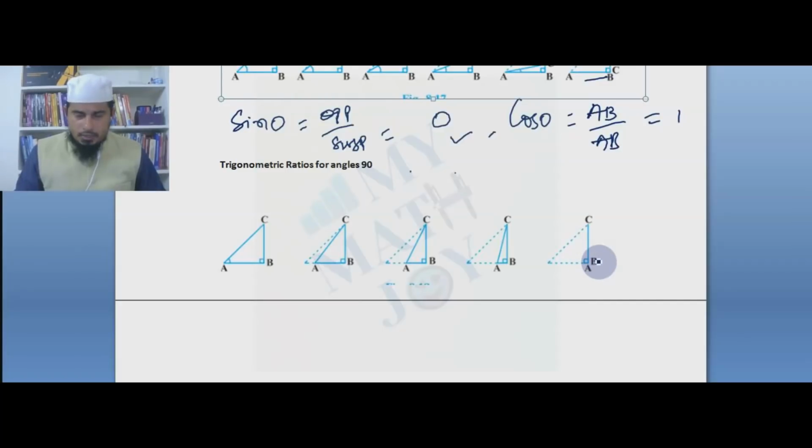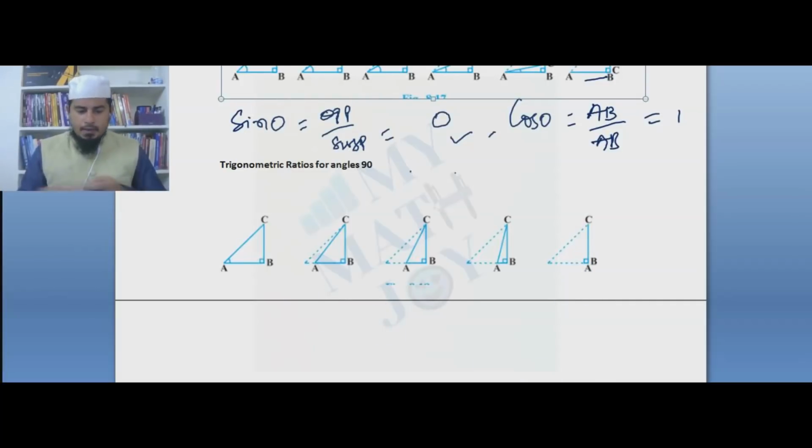When angle becomes 90 degree, now we have to calculate trigonometric ratios for this particular angle 90 degree. What we can consider here, adjacent side of 90 degree is 0. As we proceed, we get 90. So adjacent is 0, opposite is opposite, hypotenuse and opposite overlapped each other.